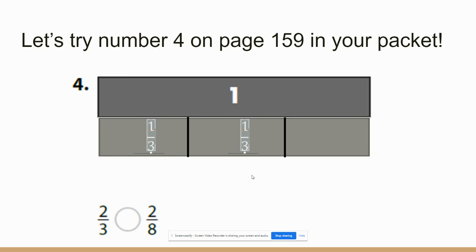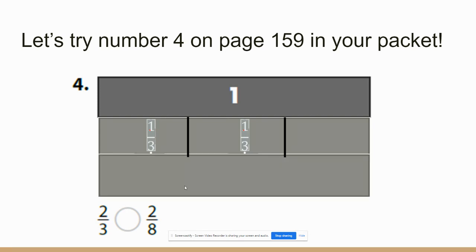So now let's look at 2/8. So again, we're going to draw out a fraction strip. Does it have to be the same size as the one whole strip or the strip that is partitioned in thirds? If you said yes, you're absolutely correct. So now let's look at our denominator. Our denominator is 8. So since 8 is an even number, we should be able to partition this very easily.